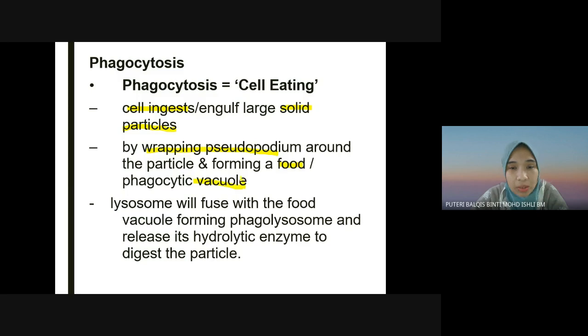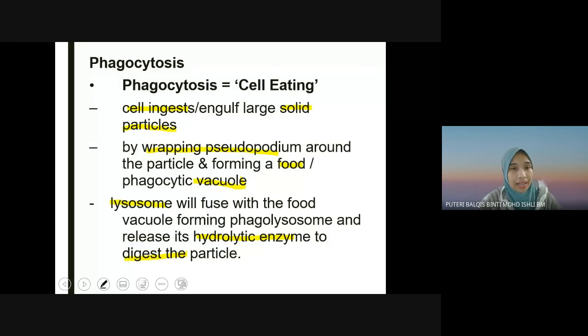So sebab dia melibatkan solid food yang besar, dia akan melibatkan lysosome. Phagocytosis will involve lysosome, because lysosome will hydrolyze and digest the food.